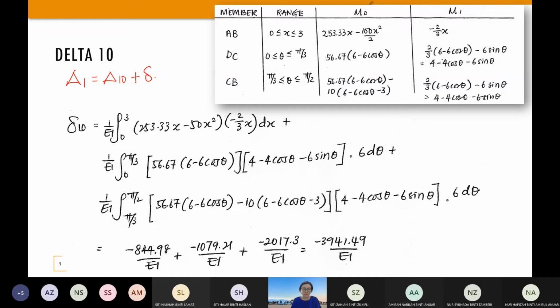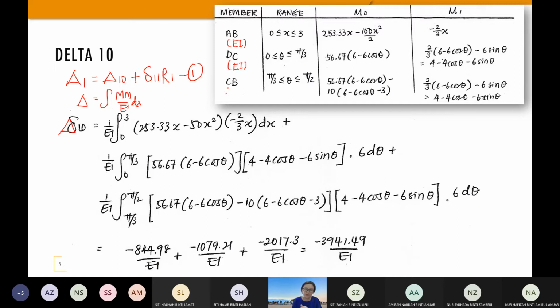Since we have d equal to 1, we have only one equation. This is delta 1. Now let us look at how to fill in at least one of these deltas. If you still remember, for beam and frame we use the integral of m m over EI dx. You need to check AB, DC, CB, whether the EI is constant.